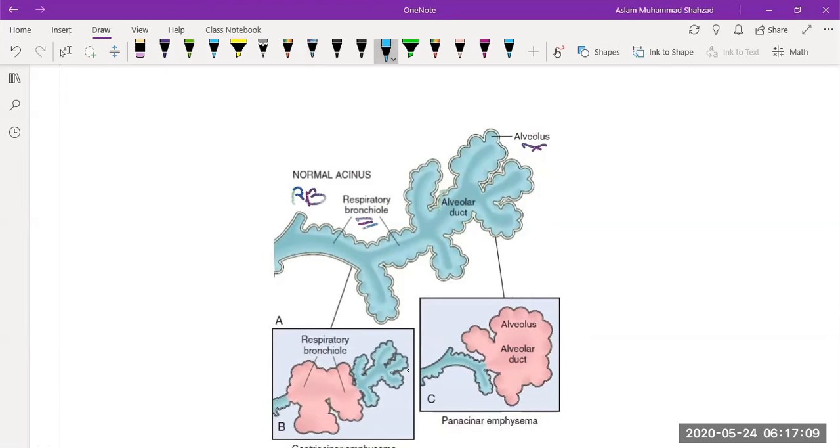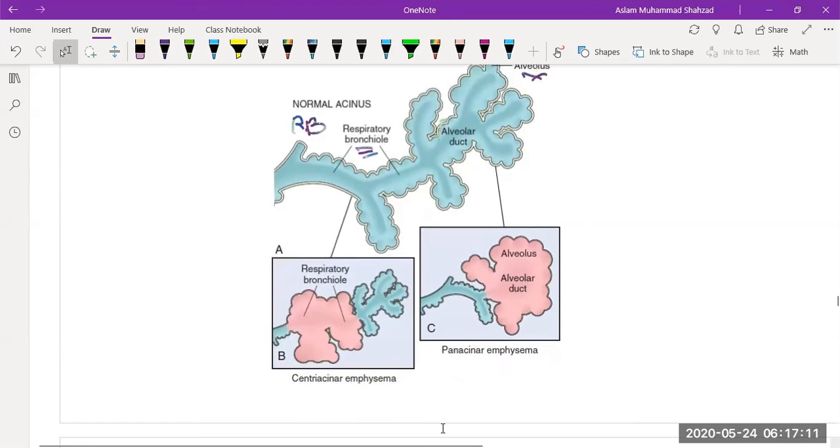So what actually is the comparison between centriacinar and panacinar? In centriacinar, on the left side we have this section showing the respiratory bronchiole, and they align in the middle section of the branch.